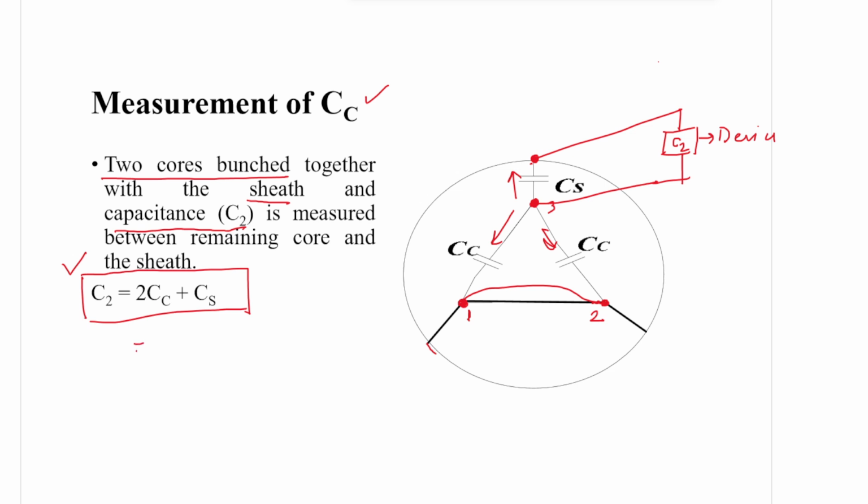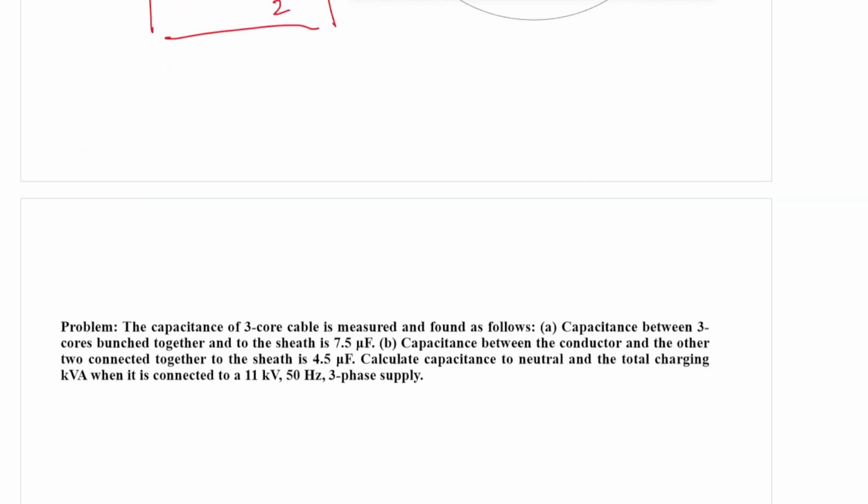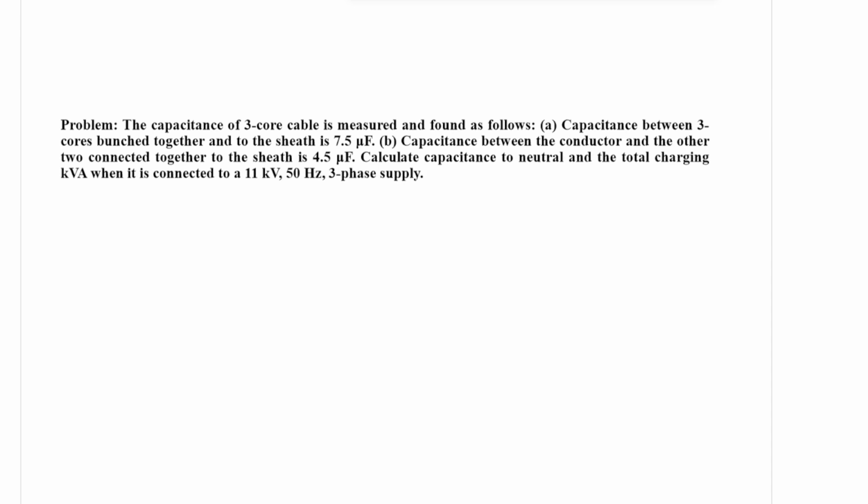From there, you already know what CS is. So CC is equal to (C2 minus CS) by 2. In this way, you can evaluate both CC and CS. Now we will solve one problem on this.